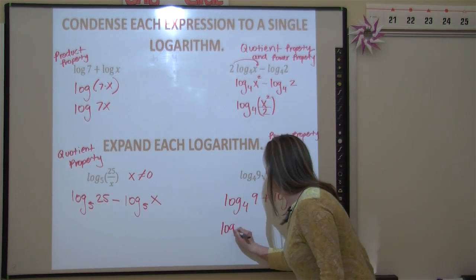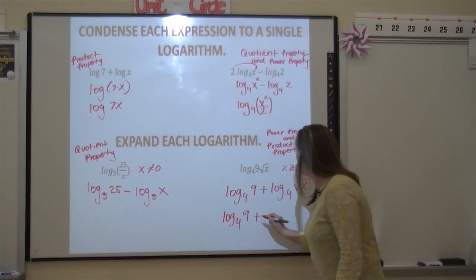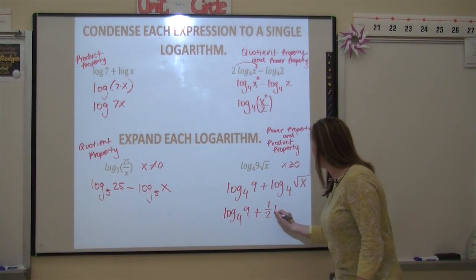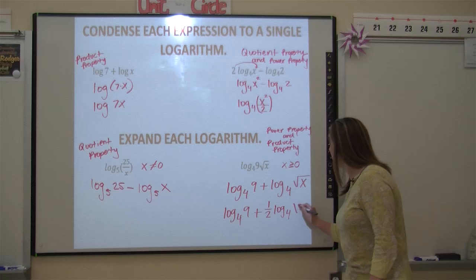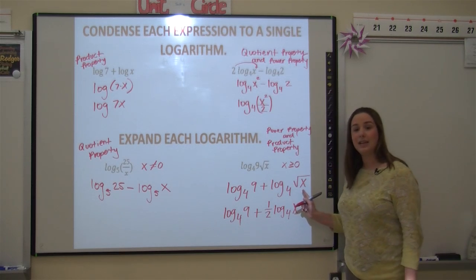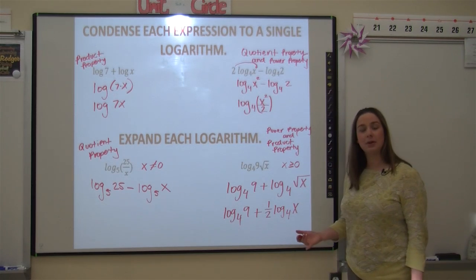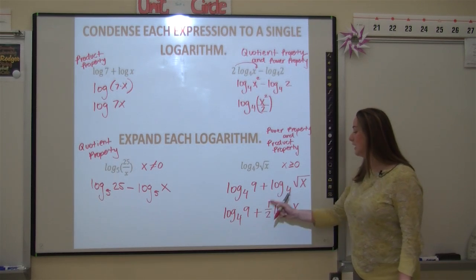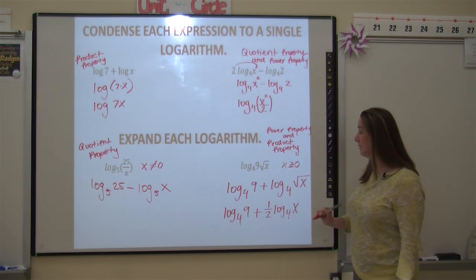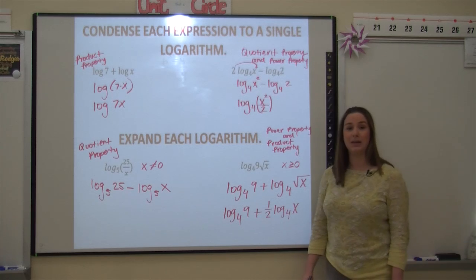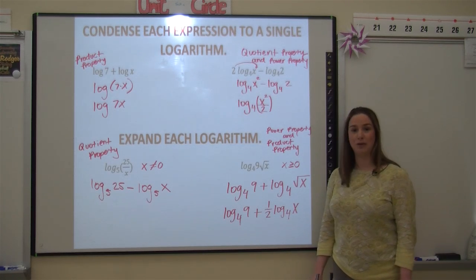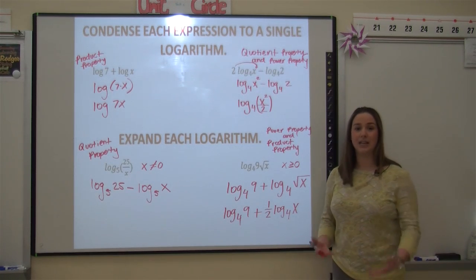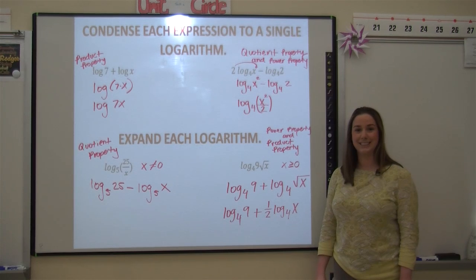So log base 4 of 9 plus 1/2 log base 4 of x. And when I see radical x, I'm thinking about this as x to the 1/2 power, and then I want to bring that exponent to the front. So this is going to be my final answer for log base 4 of 9 times radical x. And this is how we can condense and expand logarithms.